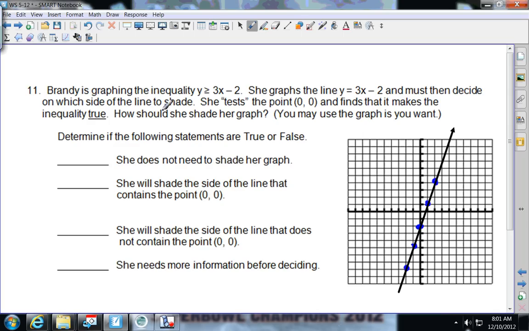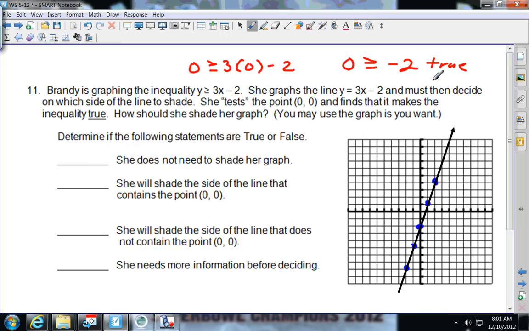So what it's saying is that they used 0, 0 as a test point. A test point means they plugged it in here: 0 greater than or equal to 3 times 0 minus 2. They're getting 0 is greater than or equal to -2. Is that true? Yes, this is true.